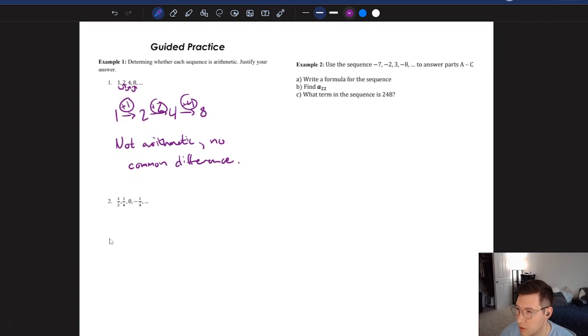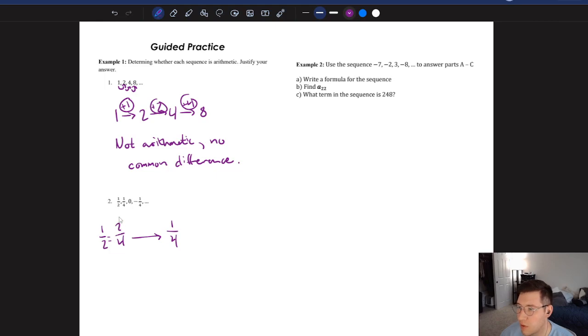All right, let's take a look at number 2. Now, number 2 is going to stretch our brains a little bit because I have to figure out how do I go from 1/2 to 1/4. Well, in order to get a better idea of what's going on, I'm actually going to change 1/2 into fourths. And so I can actually just rewrite this 1/2 as 2/4.